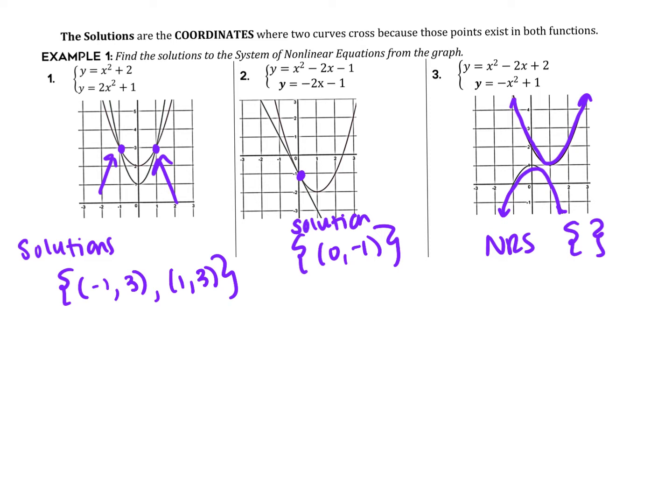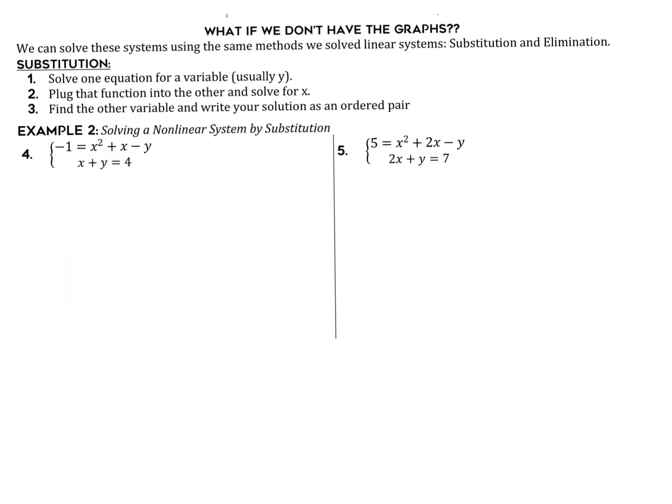But what happens if we don't have graphs? This leads us back to some previous ideas that we have learned in other classes about solving using substitution or elimination. So let's go ahead and look at some examples where we can solve using substitution. Substitution is the method that we have used previously where we solve for one variable and plug that variable into the other equation so that we have one equation with one variable. This works great when it's easy to isolate one particular variable.